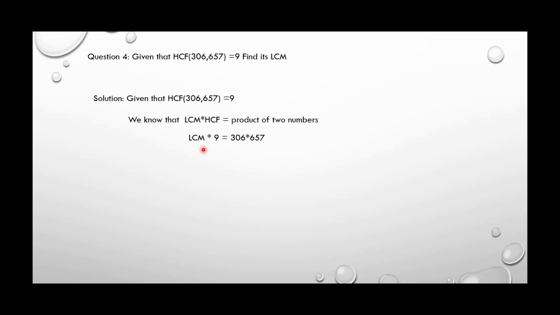Therefore, LCM equal to 306 into 657 divided by 9. Therefore we will get LCM as 22,338.